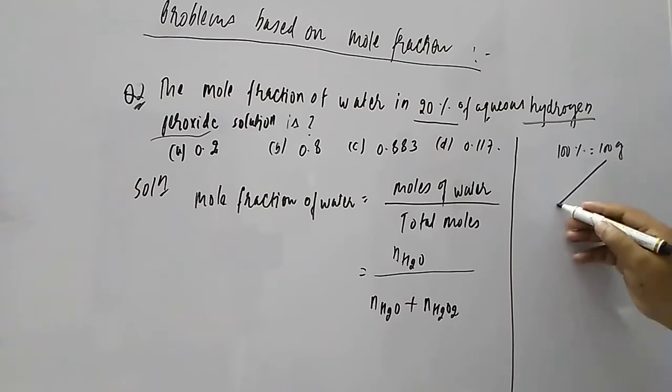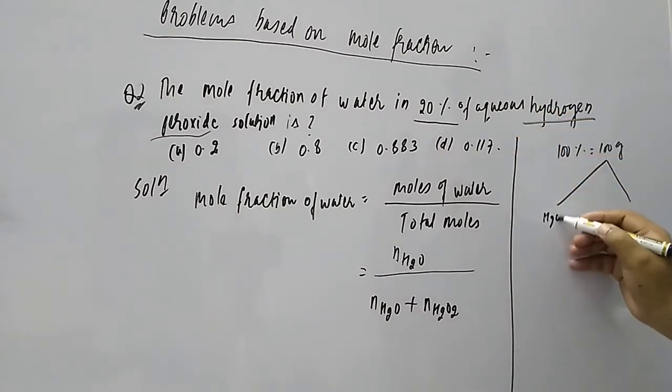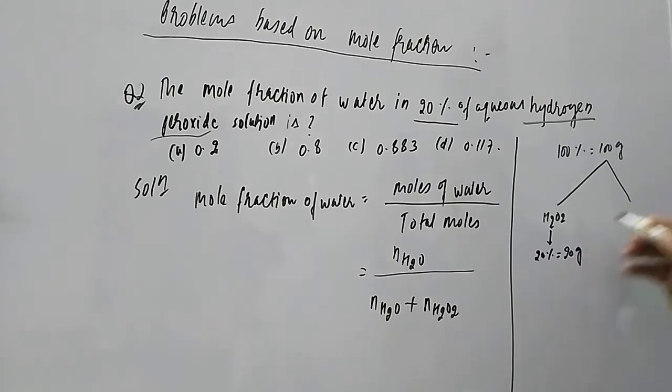Out of this, H2O2 is 20%, which is 20 gram. And the remaining water, H2O, is 100 minus 20, that is 80 gram of water. Keep that in mind.